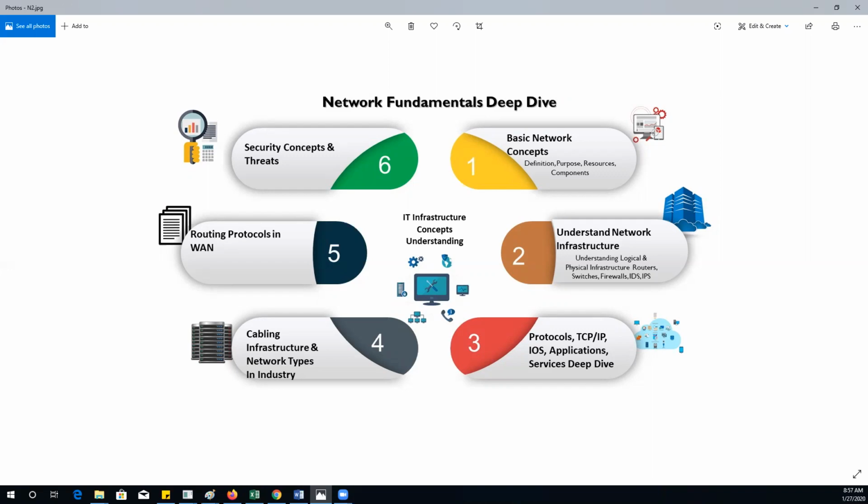The same concept we implement here in the deep dive of network fundamentals. So we are going to start with the definition, purpose, and other basic components.